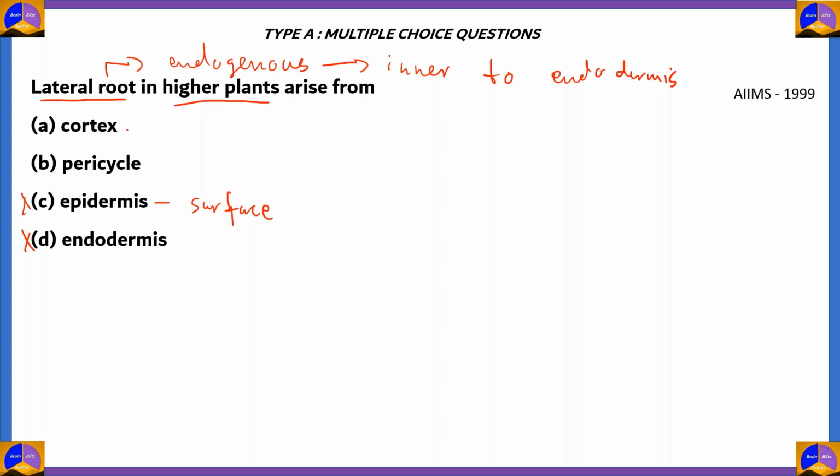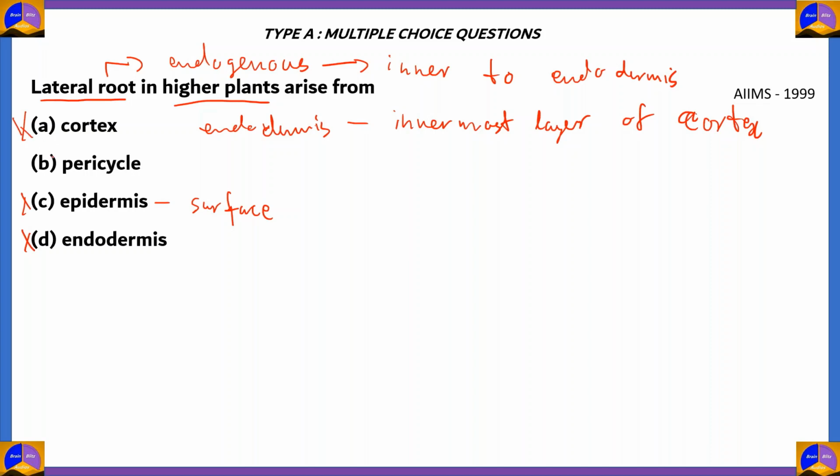Cortex is not inner to the endodermis. The endodermis is the innermost layer of cortex. So the rest of the cortex actually lies above the endodermis. So option A is incorrect.